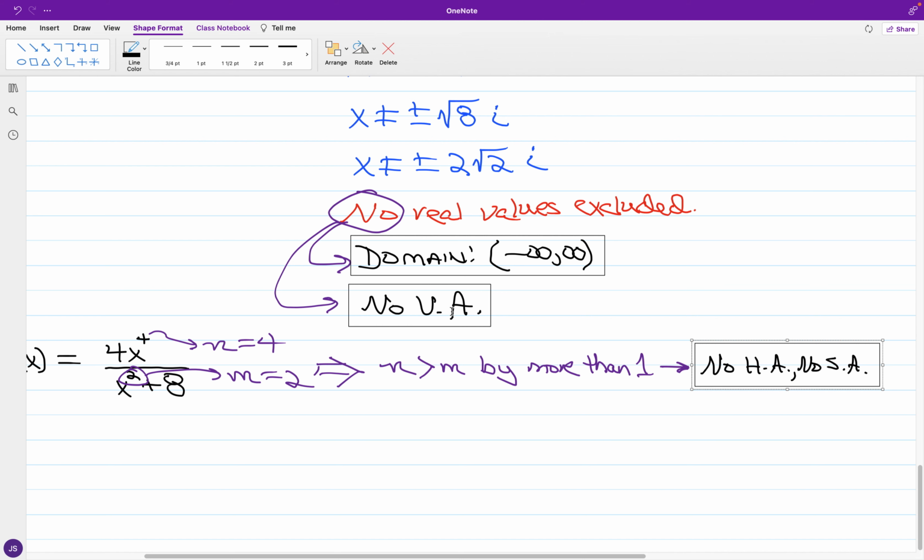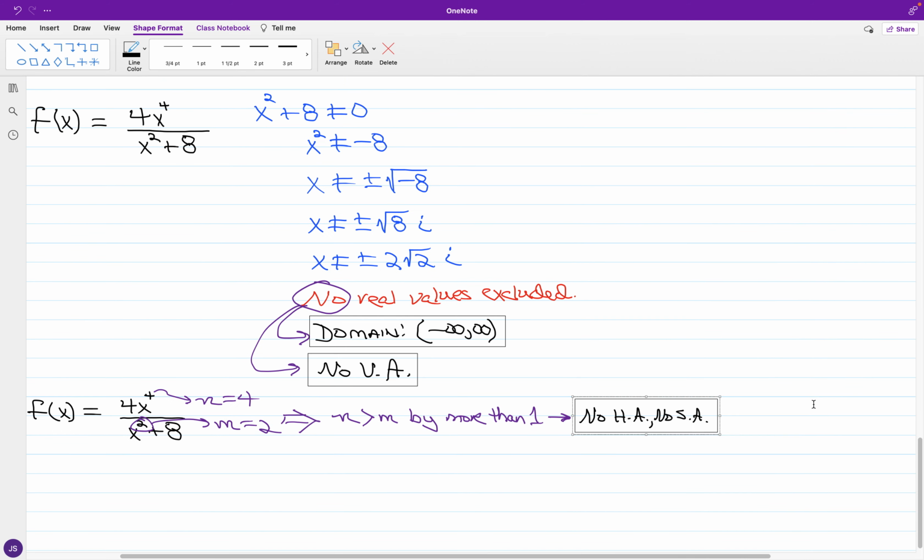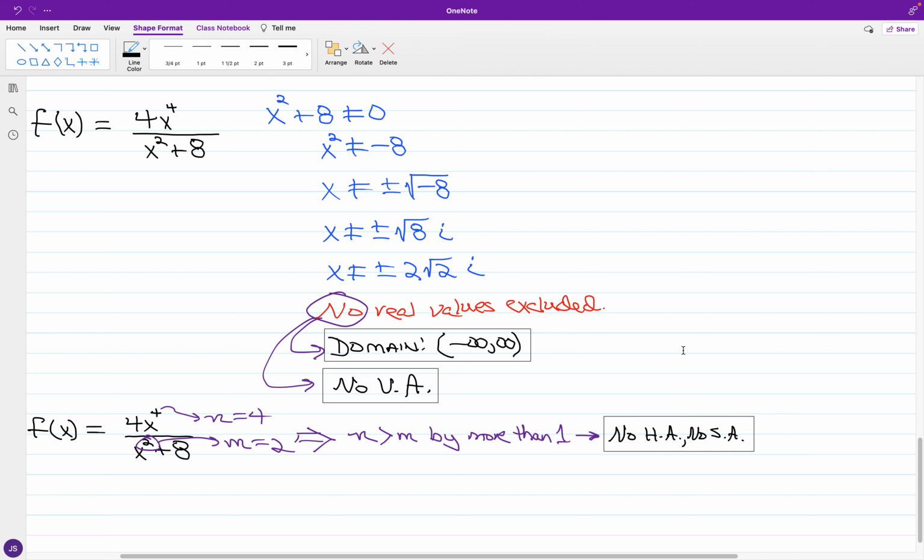So there is no vertical asymptote to begin with, and there's not going to be any horizontal or slant asymptote. The graph of this rational function is not going to be constrained by any asymptotes.